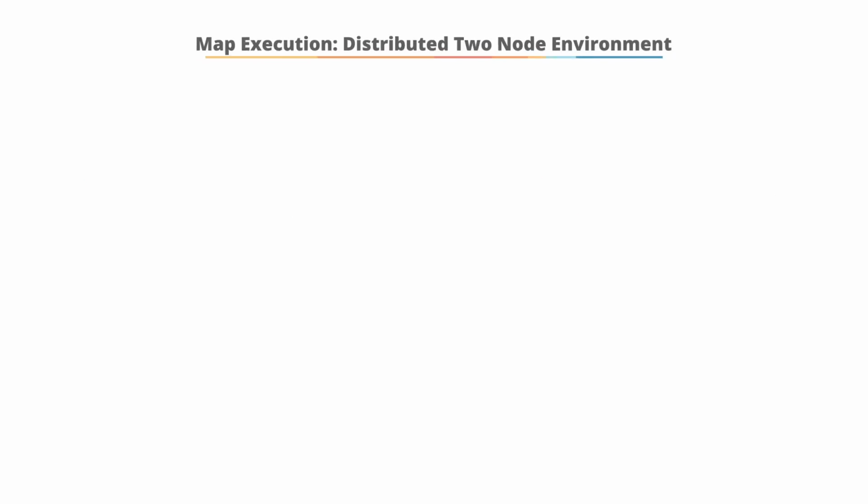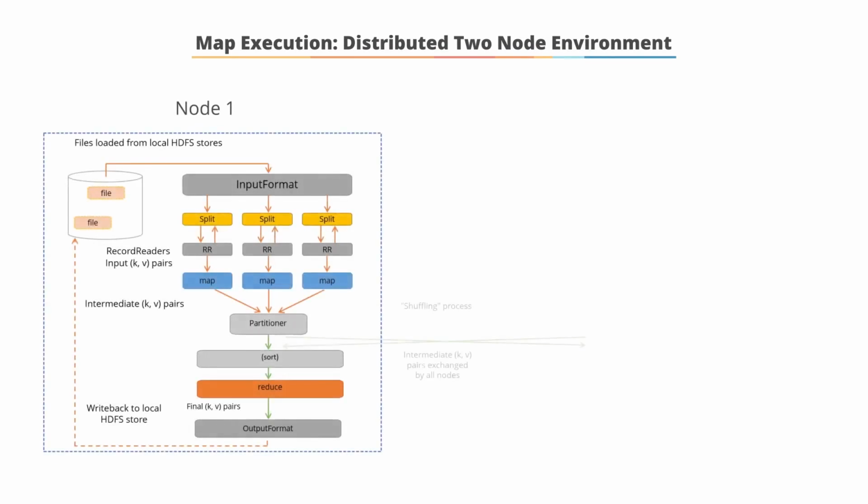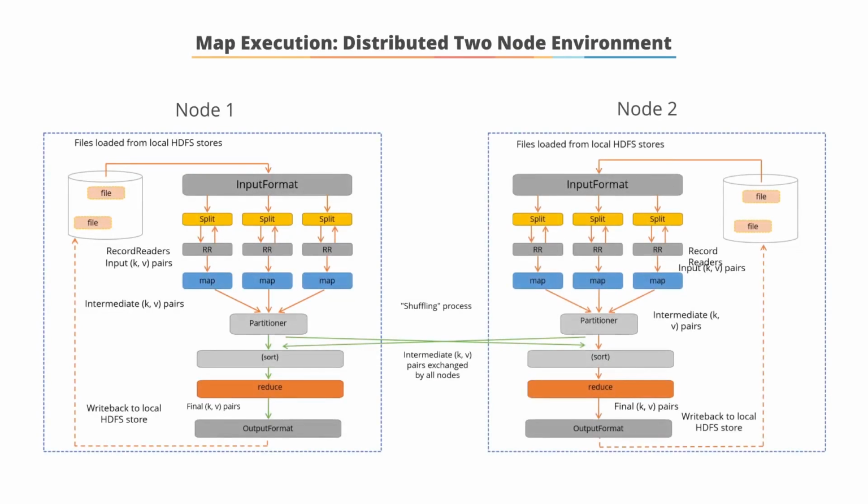Map execution in a distributed two-node environment: the mappers on each of the nodes are assigned to each input split. Based on the input format, the record reader reads the split as a key value pair. The map function is applied to each record to return zero or more new records.